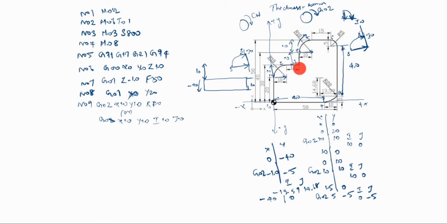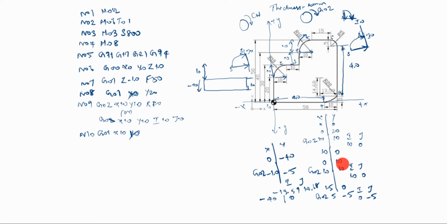Linear means G01. N10. You see, we will take X is 10, Y is 0. G01, X10, Y0. So no need to write Y0. Up to here finished. So this way. This is also linear.